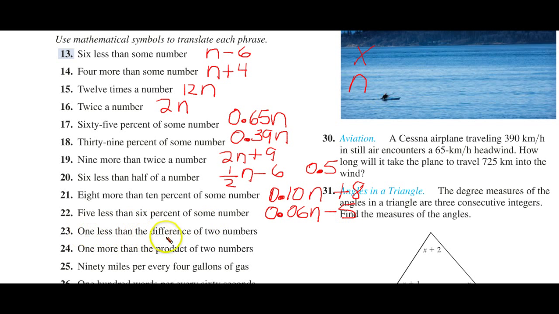One less than the difference of two numbers. So here you have to have two numbers. So we'll say x minus y, and I'll put that in parentheses. That's the difference of two numbers and one less.